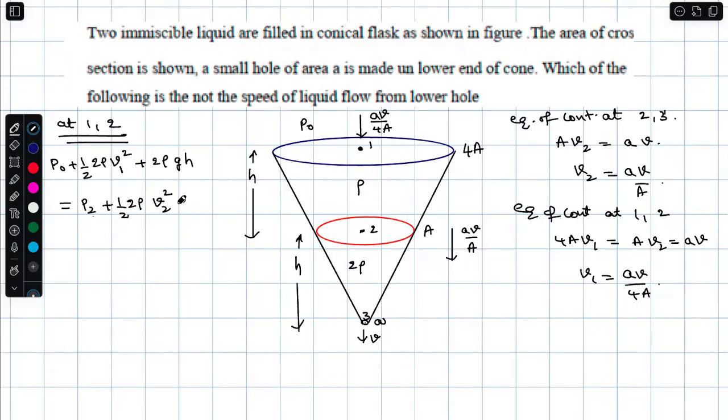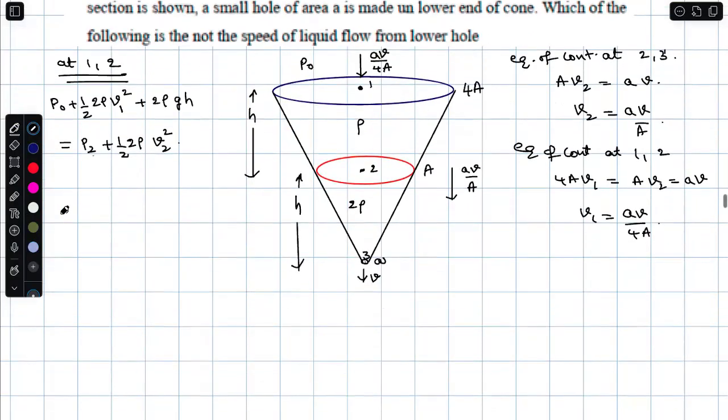I don't know anything about P2. Now again, at 2, 3, I will apply. Right?